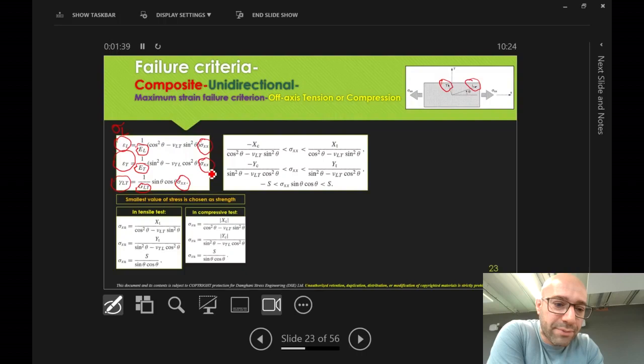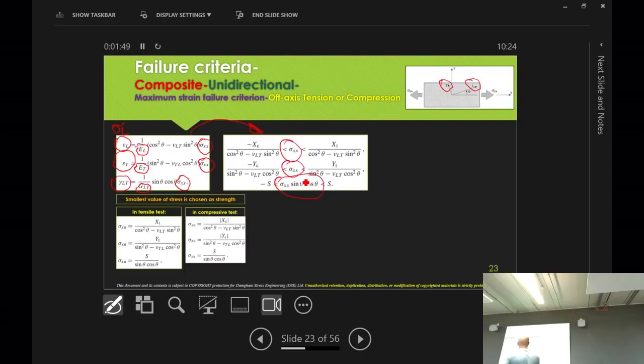Because you're using strains, your stresses should be bounded within these upper and lower bounds. As long as you're bounded within these bounds, you're fine. The moment you exceed these bounds, it means your composite is failing.